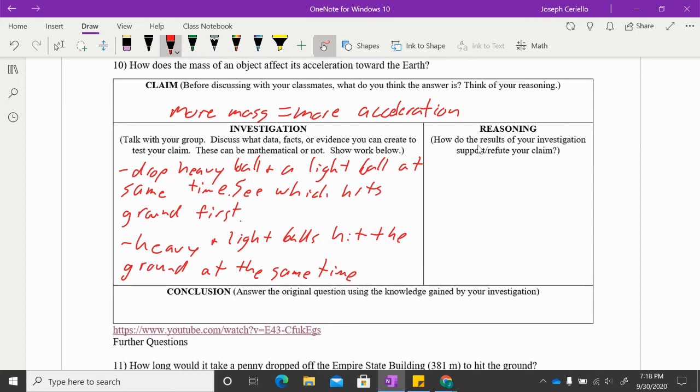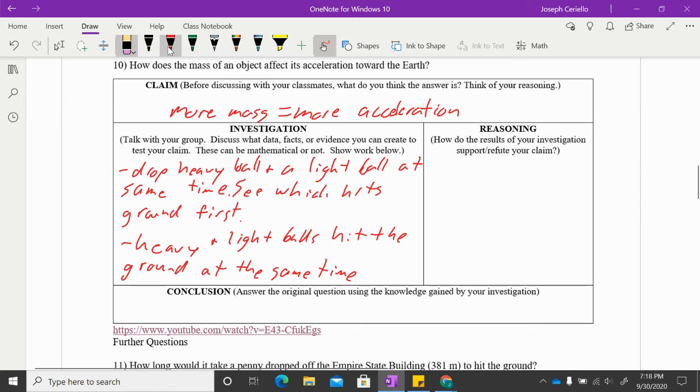So our reasoning, how do the results of your investigation support or refute your claim? The mass did not affect the acceleration. Actually, maybe I'll put that down in my conclusion. Let's reword this for just a moment.